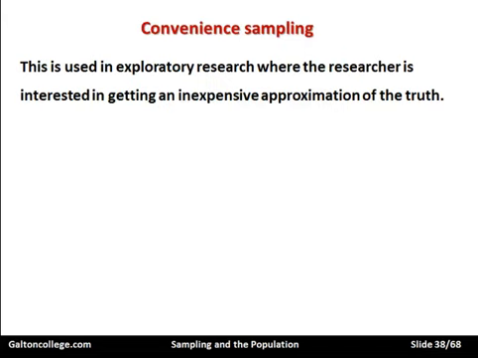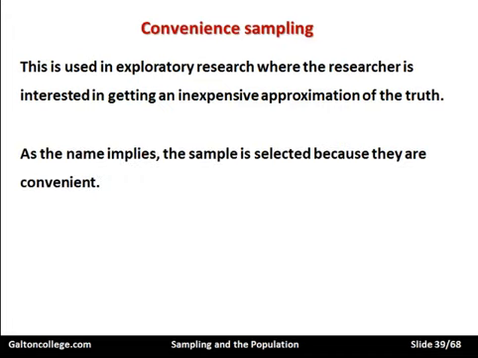There is no real effort involved in this. It's looking at what's available and trying to work out some characteristic of the population from what is easily available. It's convenience. As the name implies, the sample is selected because they are convenient.